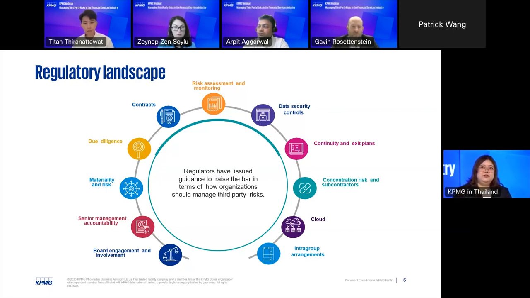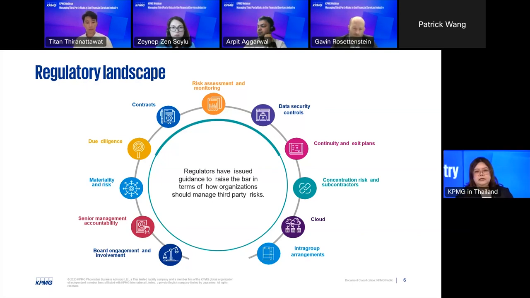So that's the third one. The fourth one, the regulatory will focus on the continuity and the exit plan. If you have some interruptions or service interruptions, as already said in the first key of the outlook, they might focus on the continuity of the service.